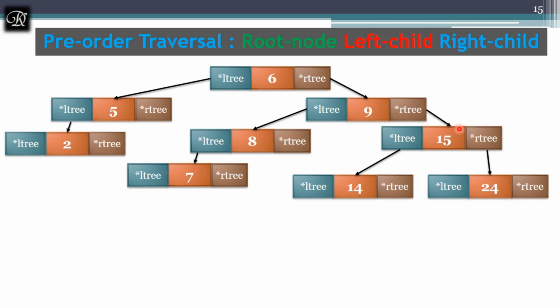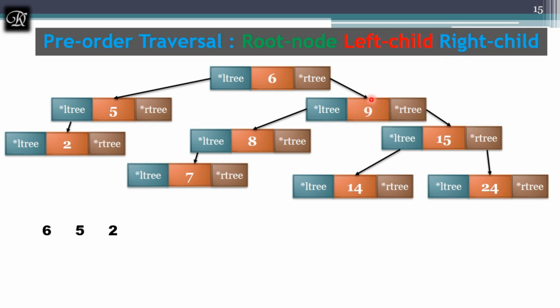As the rule says, first you print the root node 6, again print its left child root node 5, and its left child root node 2, and there are no more left children, no right child also. So come back to the original root node where we started and go to the right child.